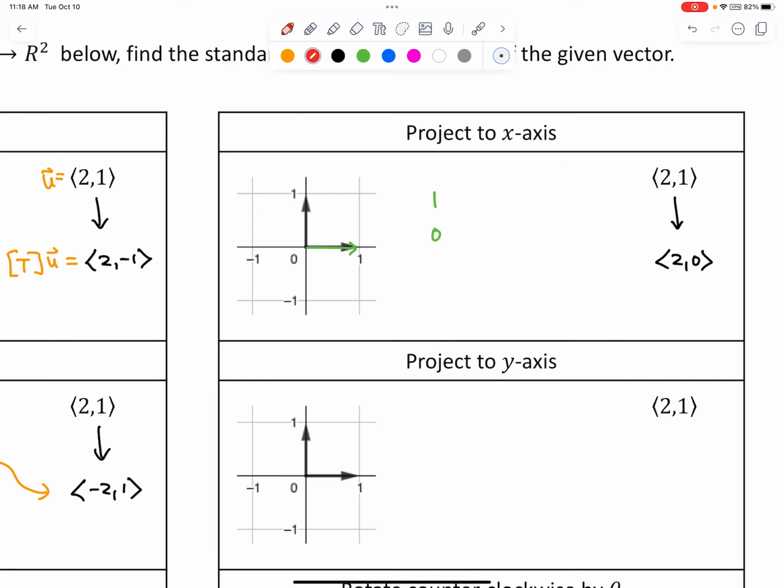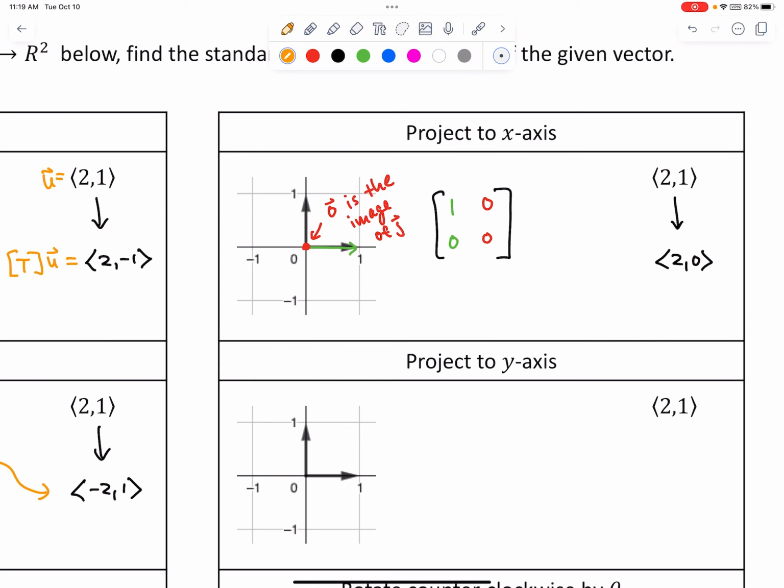But the j vector is 0, 1, and you project that to the x-axis. Just move the point vertically down till it's on the x-axis. And the projection of the j vector is just going to be the origin. So the 0 vector is the image of the j vector. The 0 vector is where the j vector gets mapped to, so that becomes the second column of our transformation matrix. And we have this simple matrix here.